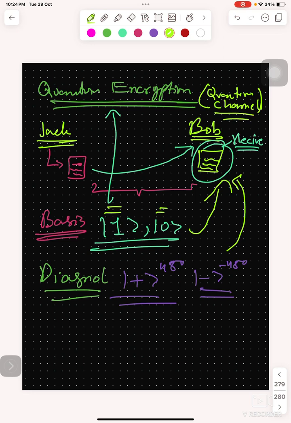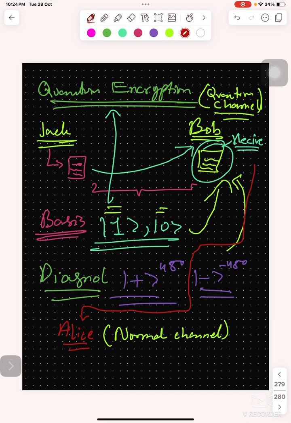After it's received, Bob will send a message to Alice through a normal channel, and ask only which base he used, either this base or the diagonal base.